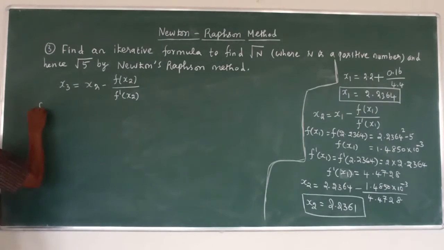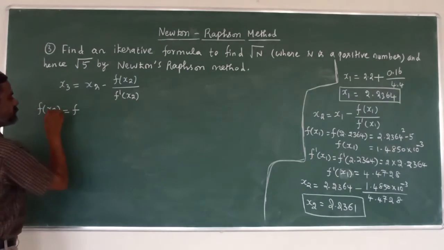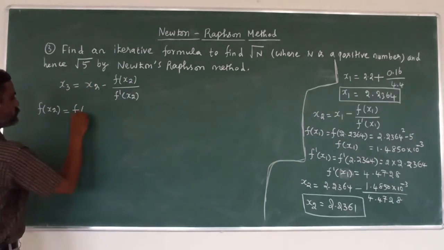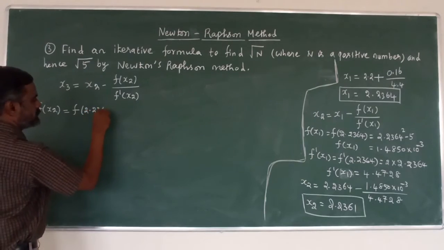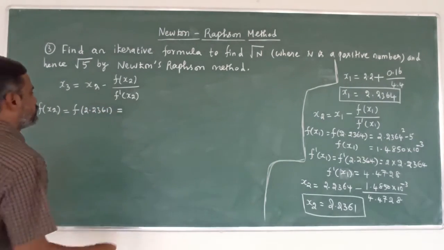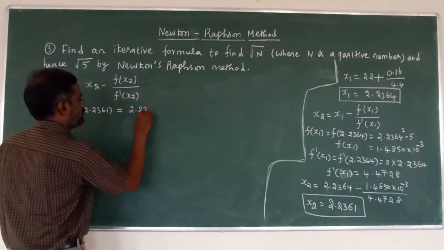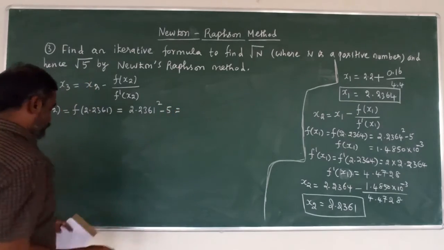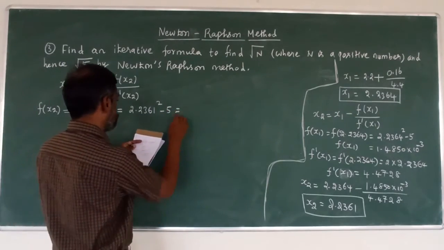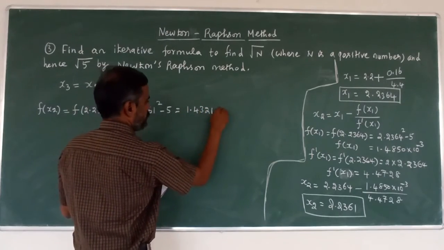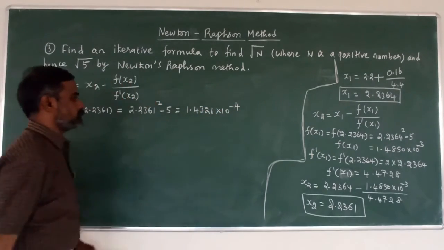First to find out f of x2. F of x2 equal to f of 2.2361. Now to substitute in f of x, that is 2.2361 square minus 5. We get the result 1.4321 into 10 to the power of minus 4.